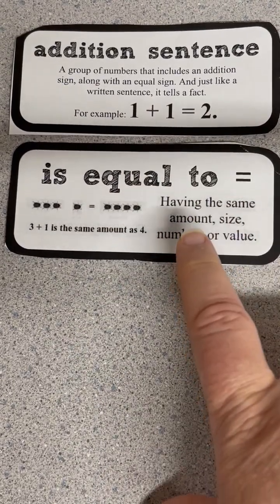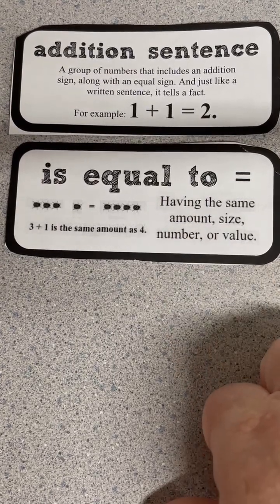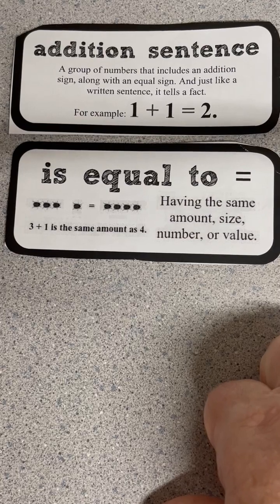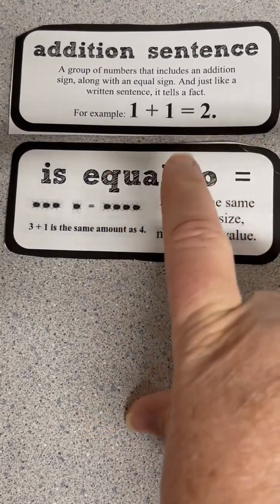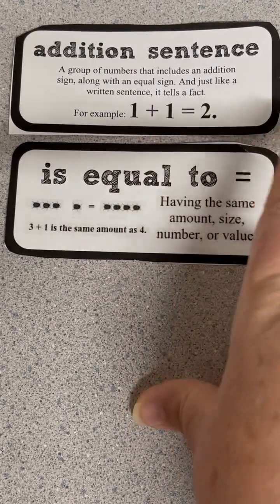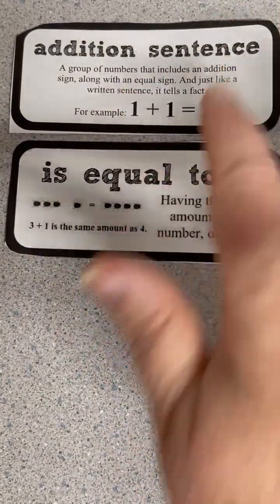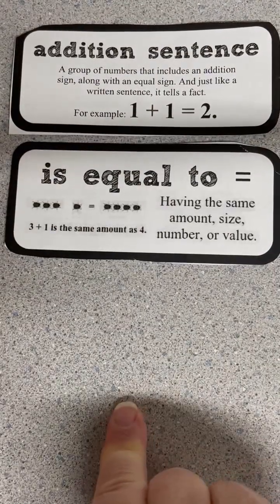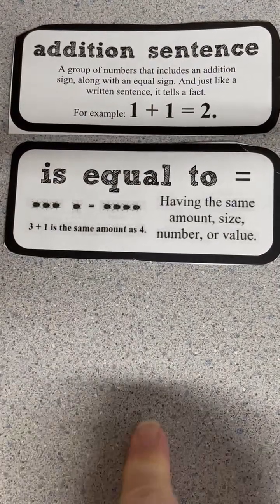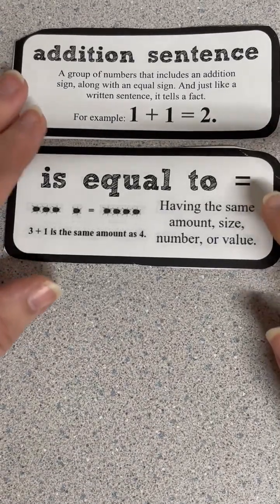So, it's having the same amount, size, or number, or value. Right now, we're going to see just this. But sometimes we might have 1 plus 1 equals 1 plus 1. So whatever is on either side is going to be the same, or the same size, same amount, or same number value.